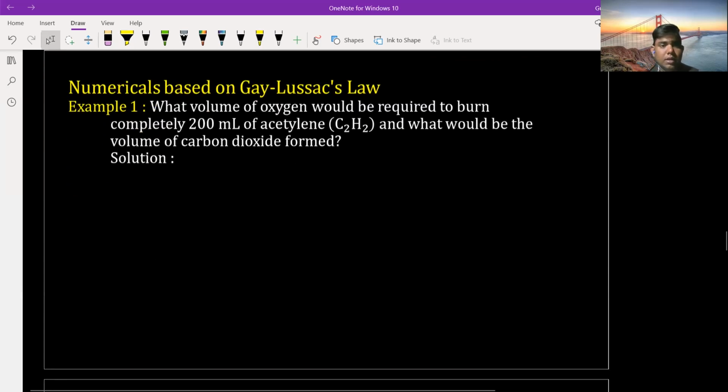So न्यूमेरिकल्स पर चलते हैं। Gay-Lussac's लॉ के बेसिस पे कुछ न्यूमेरिकल्स हैं। First example: what volume of oxygen would be required to burn completely 200 ml of acetylene C2H2 and what would be the volume of carbon dioxide formed.